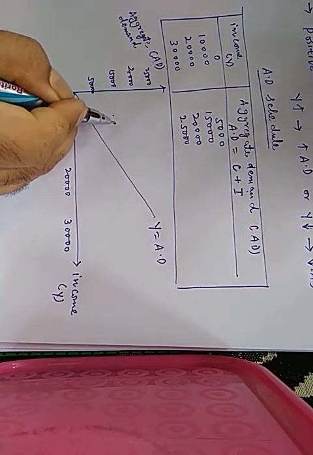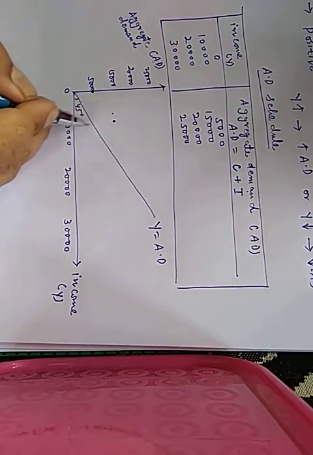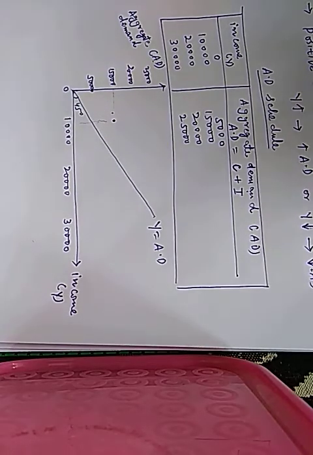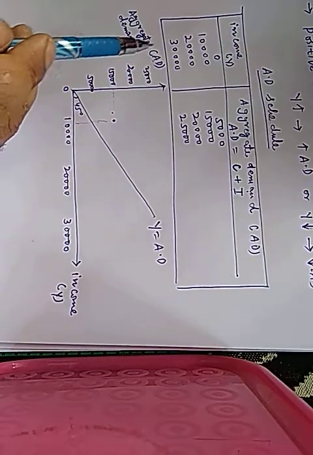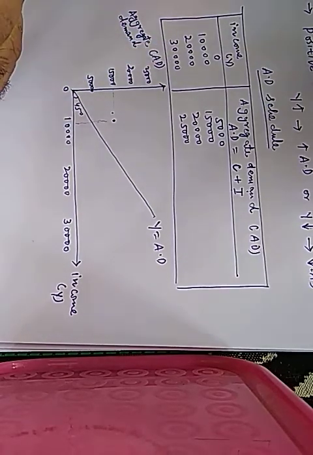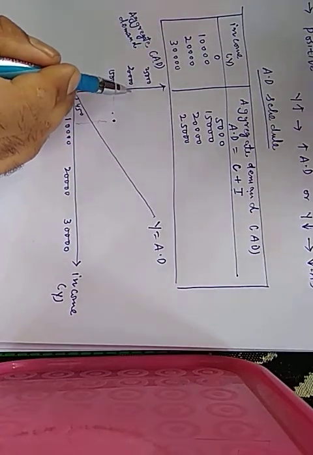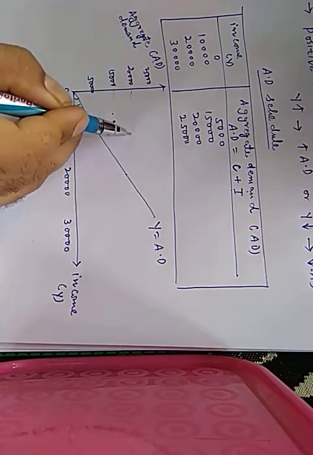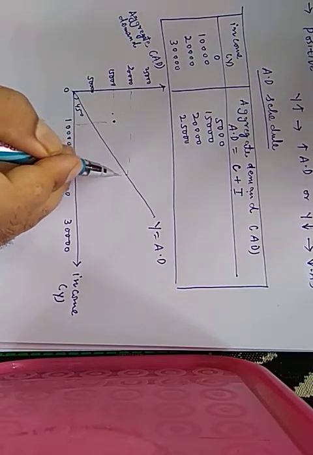This point shows income 10,000 and aggregate demand equal to 15,000. And when income is 20,000, aggregate demand is equal to 20,000. This point shows aggregate demand is equal to 20,000 and income is also equal to 20,000.